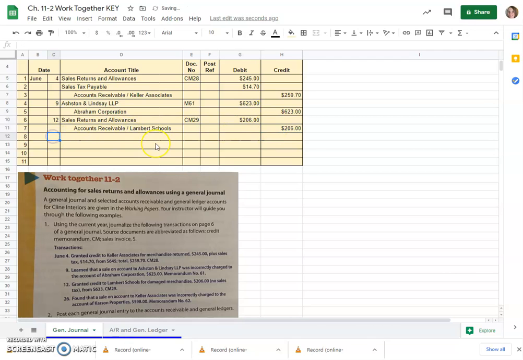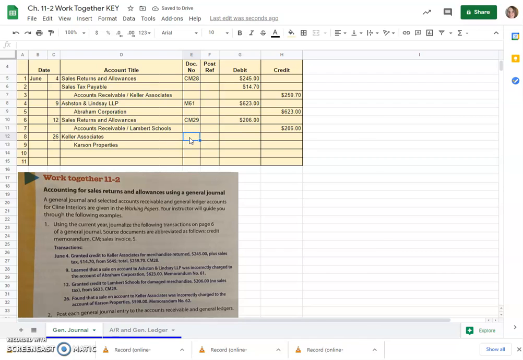Okay. And finally, on the 26th, we see that a sale on account to Keller Associates was incorrectly charged to Carson Properties. So this will be a lot like this one. Keller wasn't charged the first time and they should have been, so we'll debit them now, and Carson Properties was incorrectly charged, so we'll credit them.